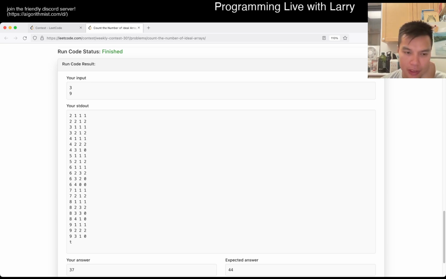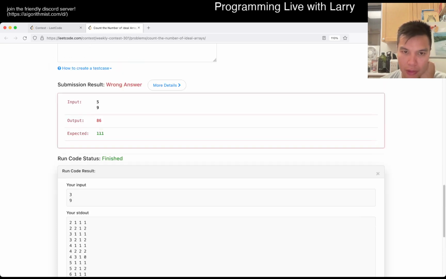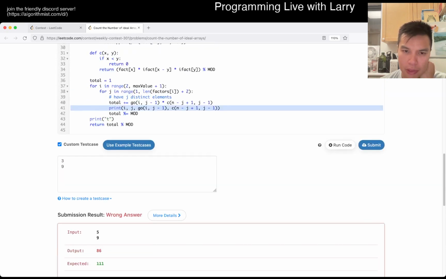This should not be 0. Right, so we have 0 choose. This part is wrong. I think that's probably why. Because we should have 0 choose 0, but this may actually be 0 choose like 2 or something, which is why this is wrong.